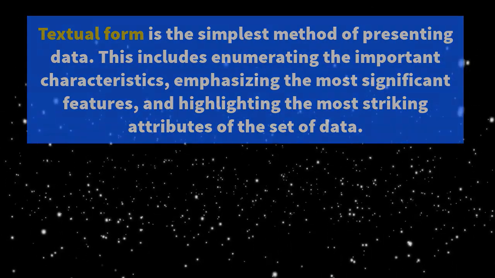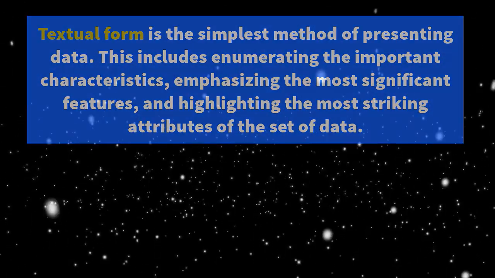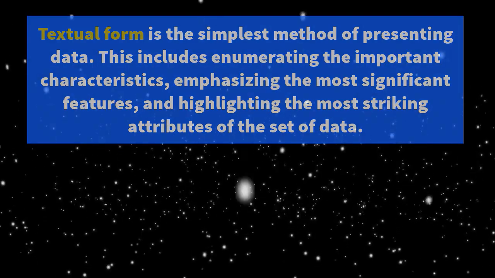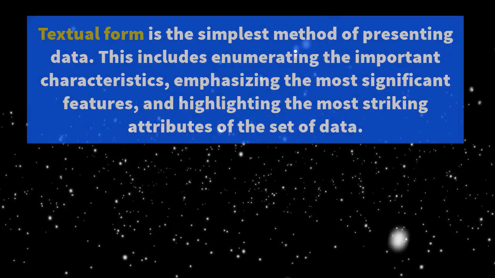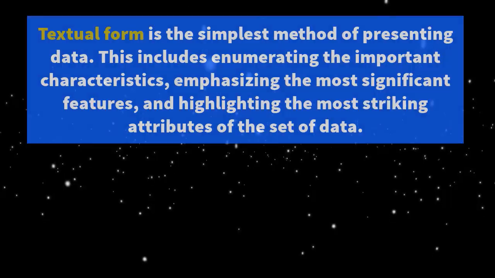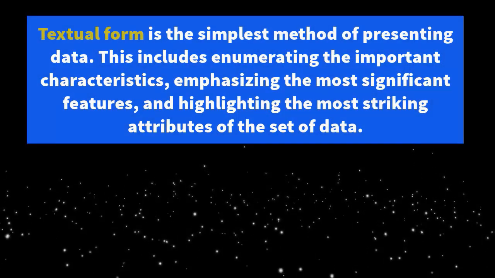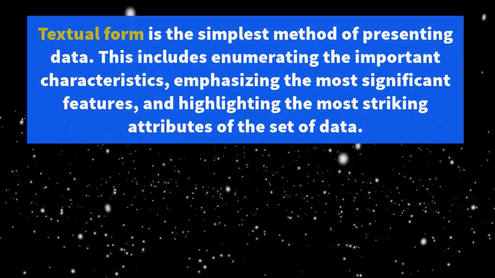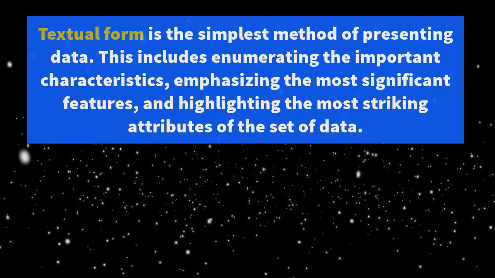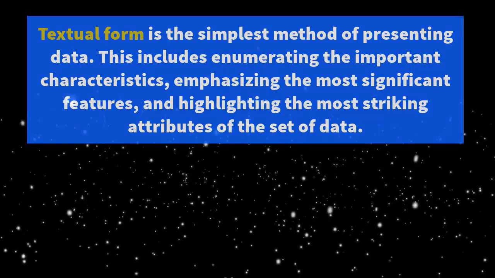Textual form is the simplest method of presenting data, particularly when there are only few numbers to be presented. In this form, results are explained in a paragraph form. This includes enumerating the important characteristics and emphasizing the most significant figures and highlighting the most striking attributes to the set of data.